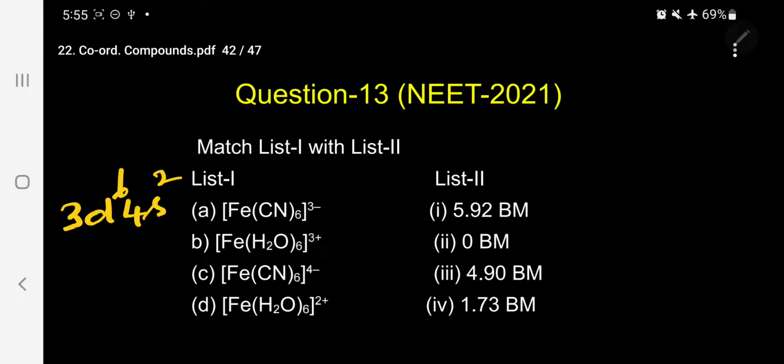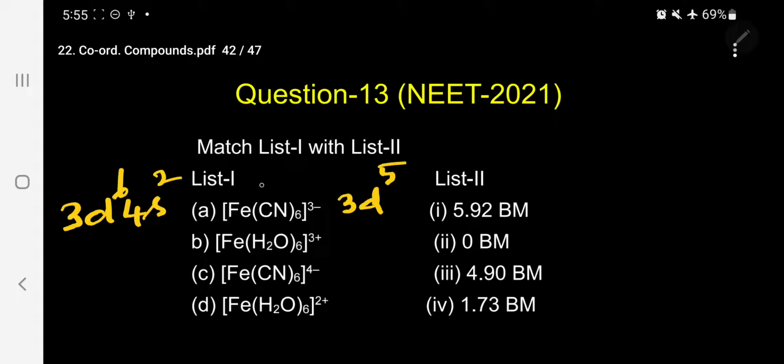So the original is 3d6, it will be 3d5. Kindly follow. 3d5 electron means, kindly imagine now, how many unpaired electrons are there? 5 unpaired electrons are there.